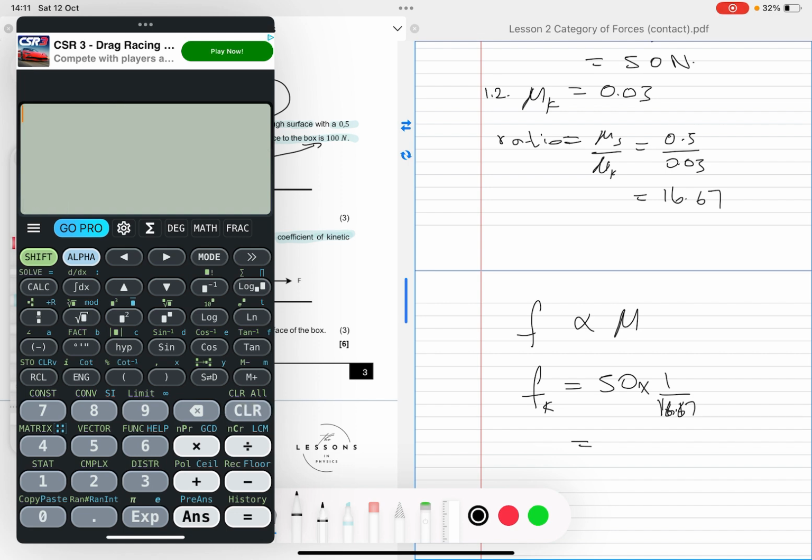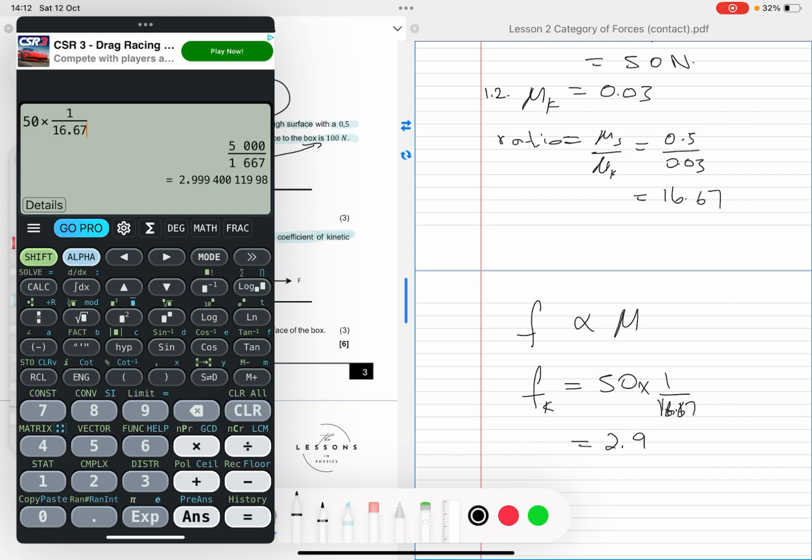Okay, I don't know what I did there, but we can say 16.67 multiplied by, oh, I see, I'm typing it incorrectly. So we have 50 times 1 over 16.67. So that we get here 2.3, no, I'm already getting to the answer because I'm rounding off already.